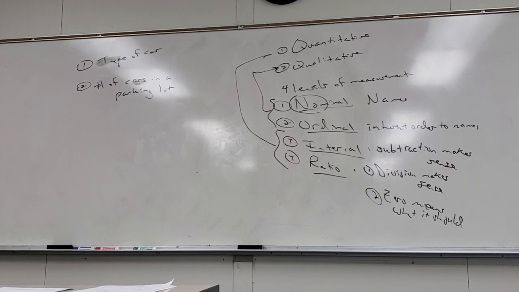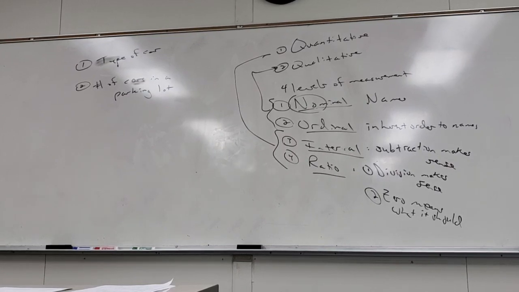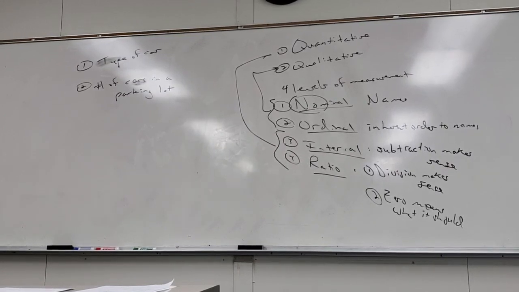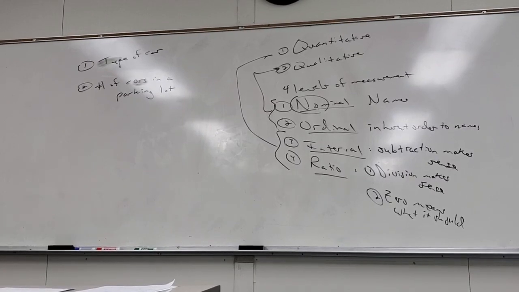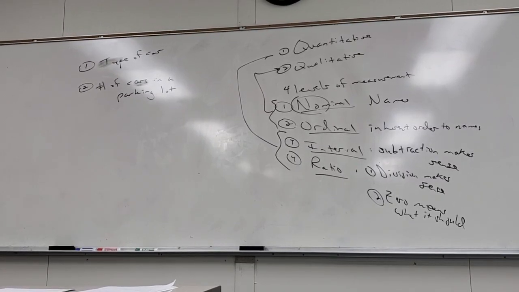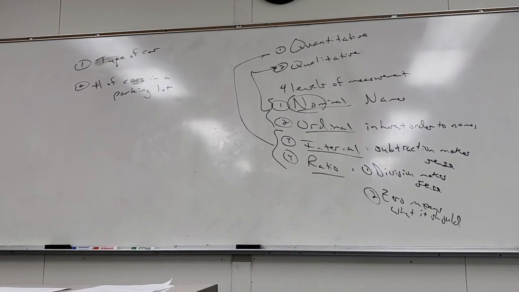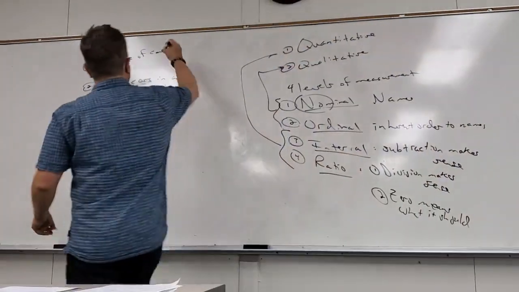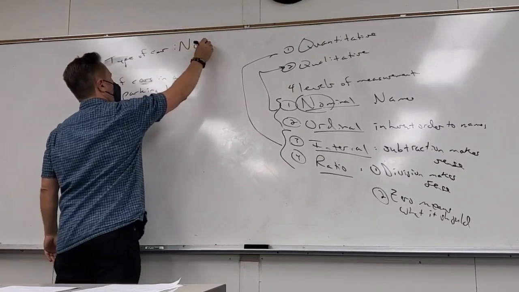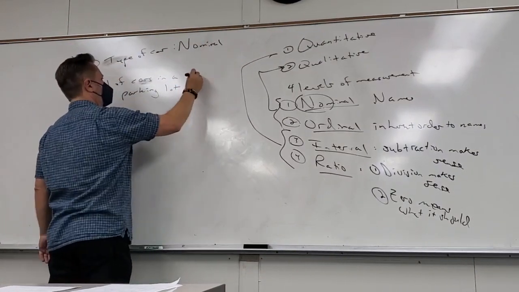But you can go further, right? If one day there was 8 and the next day is 4, there's 4 more cars, so it seems like it's interval, but you could divide. 8 divided by 4 is 2. There were twice as many cars. So you have to go to the highest level you can. Okay, I like it. Number of cars. So type of car would be nominal. Number of cars would be ratio.